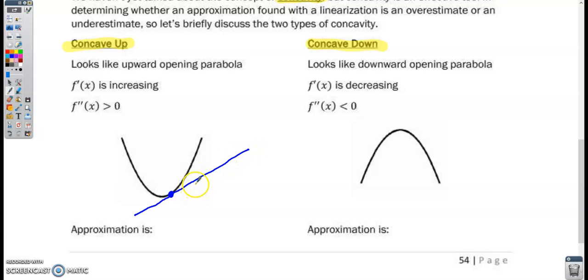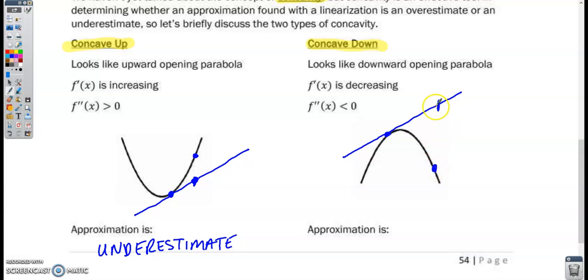And so if I am approximating the value of the function at this x value, the approximation when a curve is concave up is going to be an underestimate, because the linearization is always below the curve, near the point of tangency. Similarly, if a curve is concave down, say I want to approximate the function for this x value over here, the linearization is going to give me an overestimate.